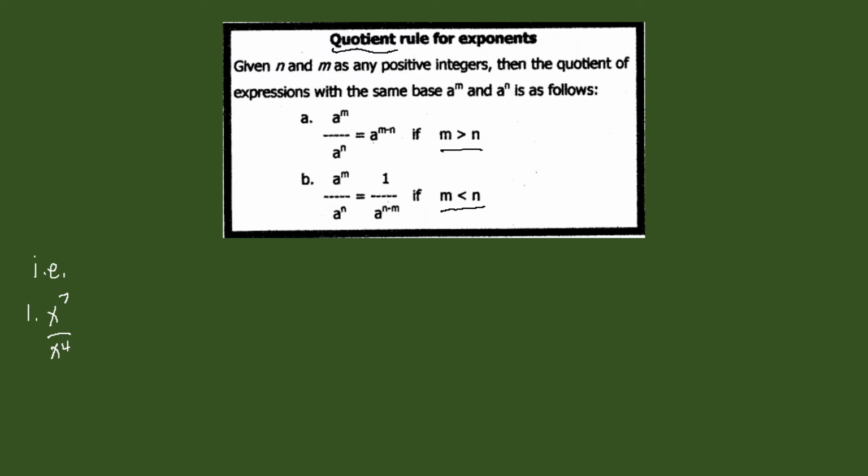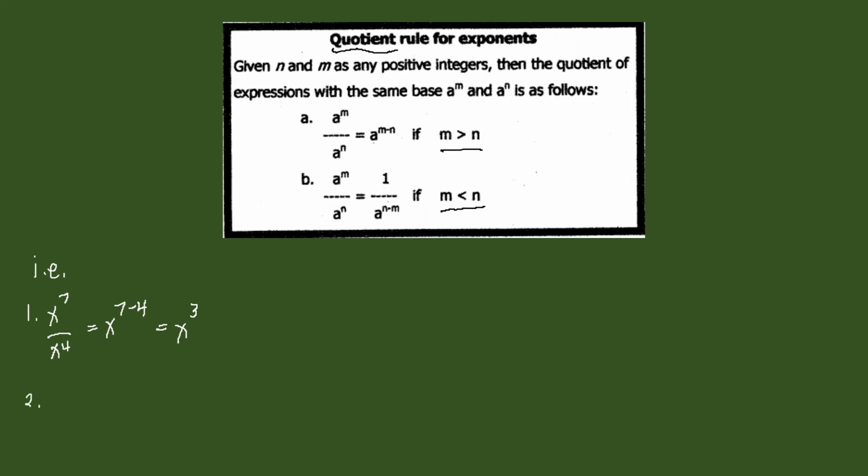So that means you have the same base, you will copy the base, but you will subtract the exponents. So 7 minus 4. And the answer to that is x cubed. Again, for quotient, when you're dividing, copy the common base and then subtract the exponents.